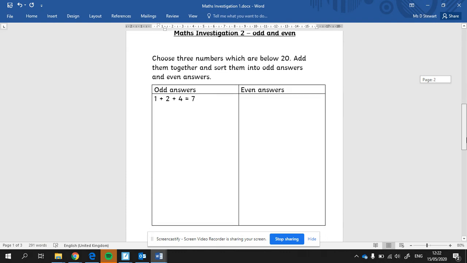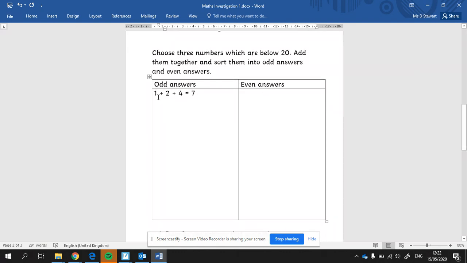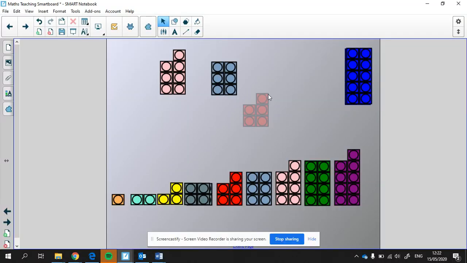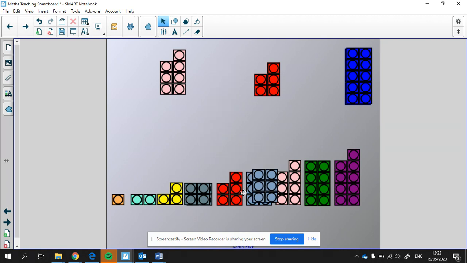And this one's a little bit more complicated, but only a bit. So this time you're choosing 3 numbers and sorting them. So if we had our Numicon, look for clever ways of adding things together. So I know with 5 and 6 it makes 11. I'm going to swap the 6 for a 5 and a 1.